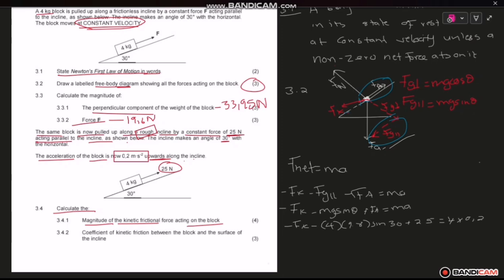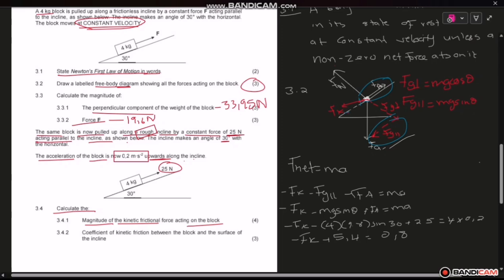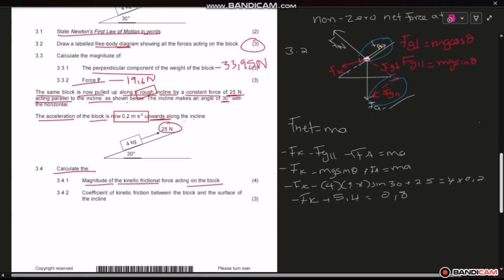Please bear with me. It's going to give us negative Fk equals 5.4, and 4 times 0.2 is 0.8. Therefore, transpose the 5.4 to the right: 0.8 minus 5.4.